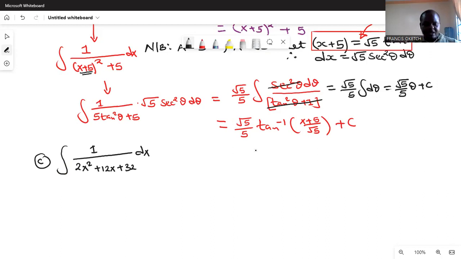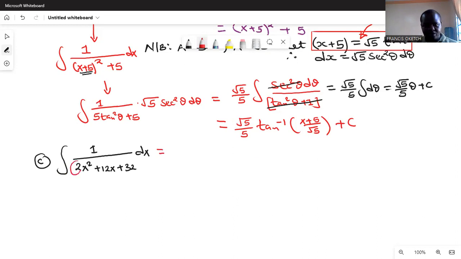The hint here is that you have to complete the square in the denominator. And before you complete the square, remember, when you're completing the square, the coefficient of x squared must be 1. So even before we complete the square, it is advisable that we rewrite this integral by factoring out 2.